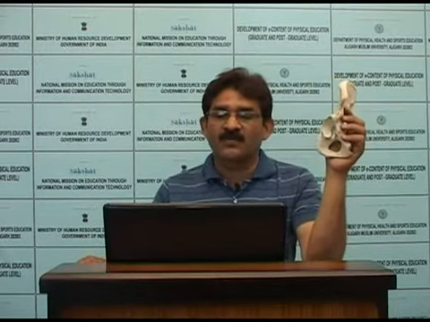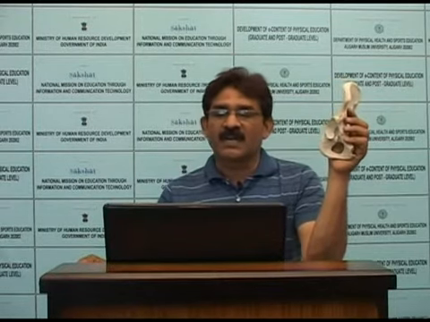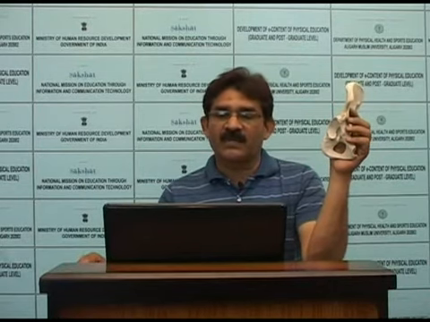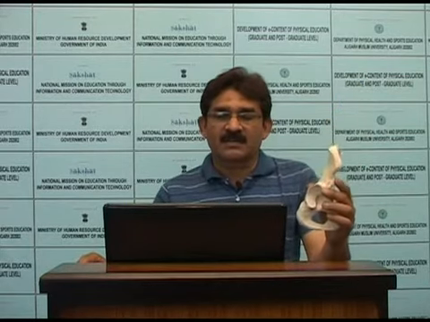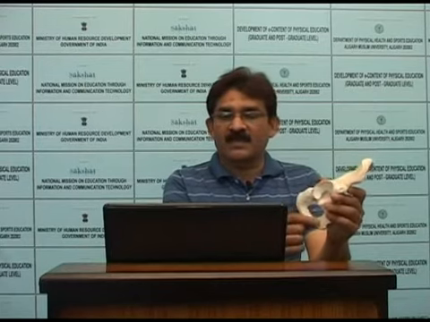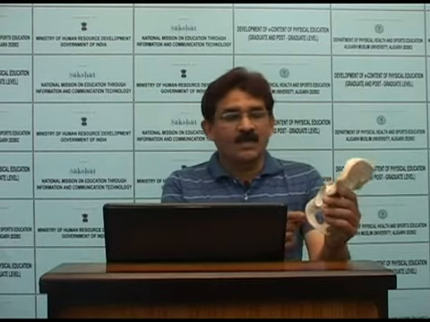The body of the ischium forms the posterior and inferior two-fifths of the acetabulum. Ischial spine, lesser sciatic notch, ramus of the ischium, and the ischial tuberosity.